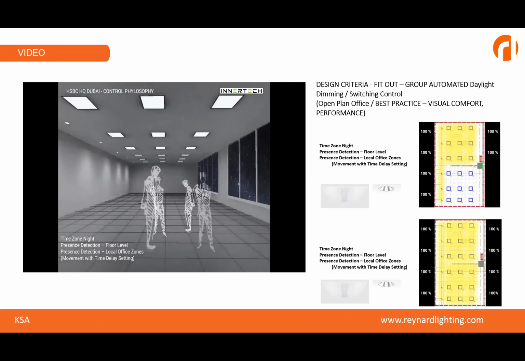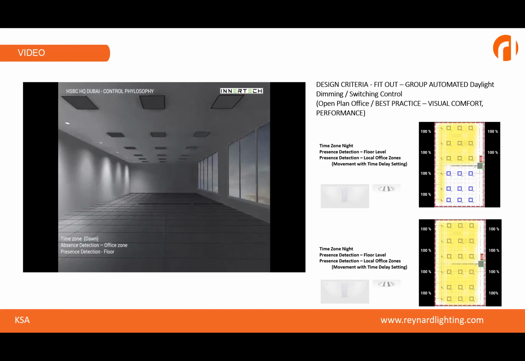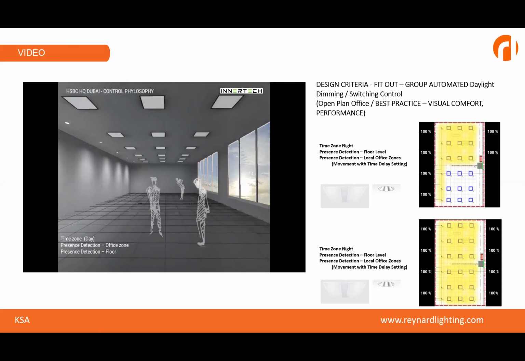See, the catastrophe or disaster when you have a large office space like this and they don't have automatic control, they have manual control, is that when everybody leaves the office and nobody switches off the lighting, all the lighting will be on throughout the night, and it will be a total waste of energy.